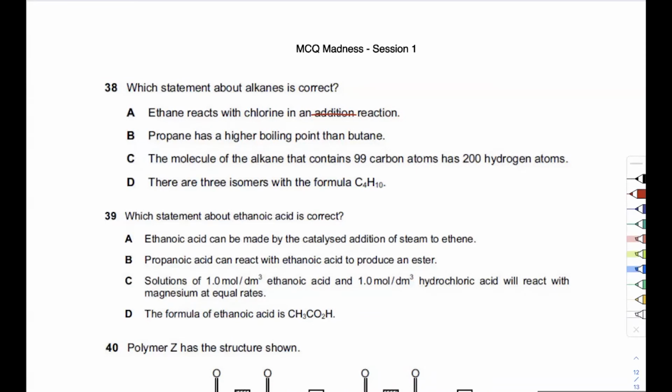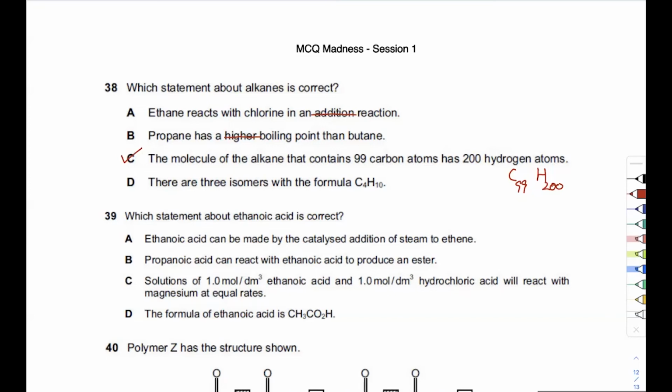Propane has a higher boiling point than butane. No, propane has a lower boiling point than butane. The molecule of alkane that contains 99 carbons has 200 hydrogen atoms. It's an alkane, right? So I can just use the formula. C99H, 2 times 99, 198 plus 2, 200. Yep, sounds right.